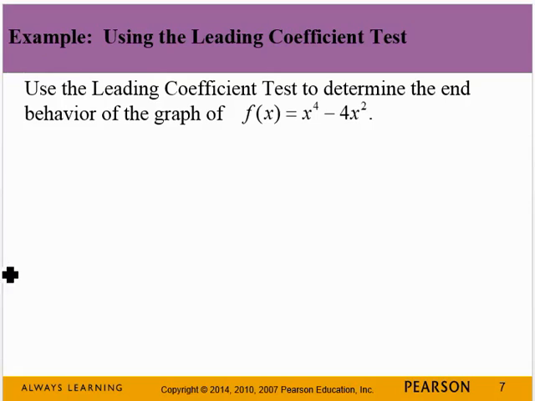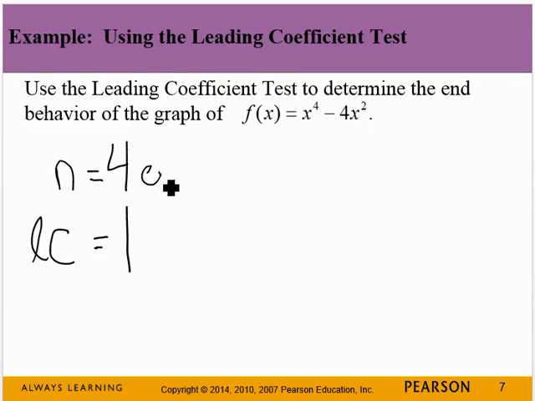So, use the leading coefficient test to determine the end behavior of the graph of f of x equals x to the fourth minus 4x squared. My degree, or n, is 4, and my leading coefficient is 1. So my degree is even, so same behavior at both ends.